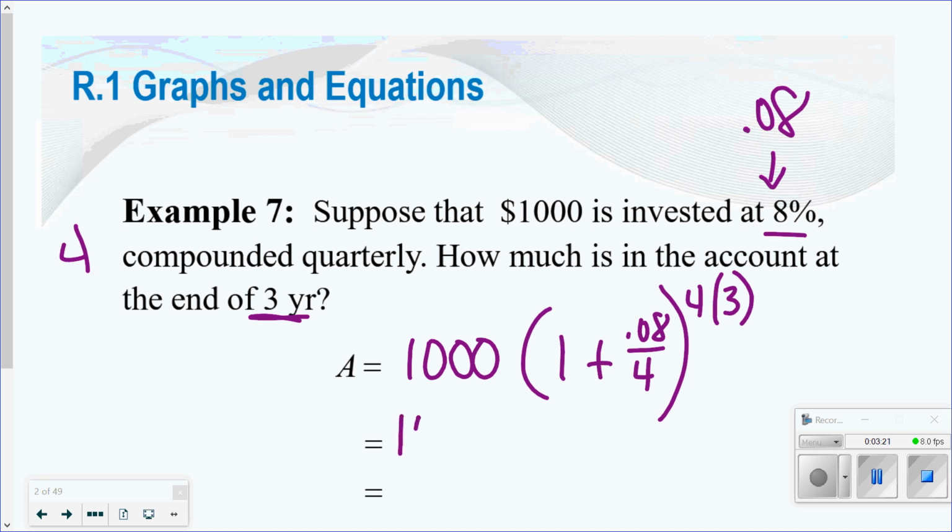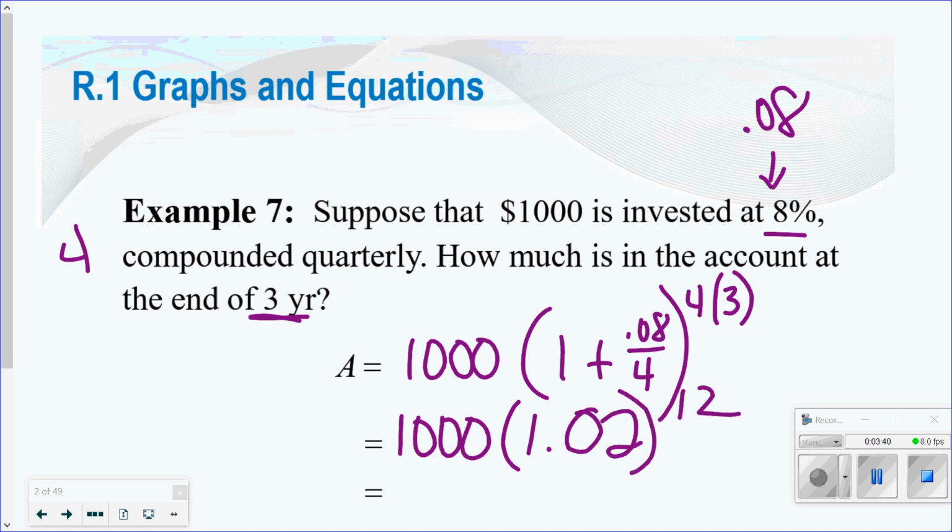So this is going to be 1,000 times 1.02 to the 12th power.